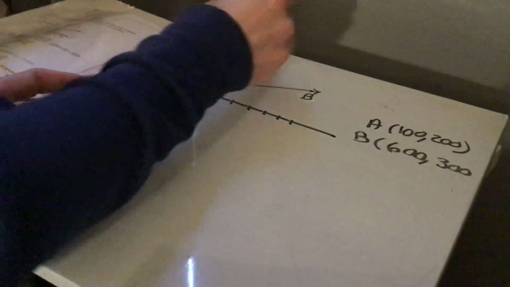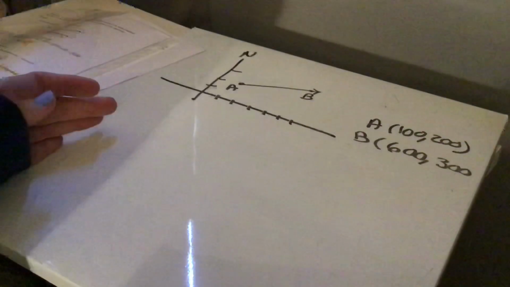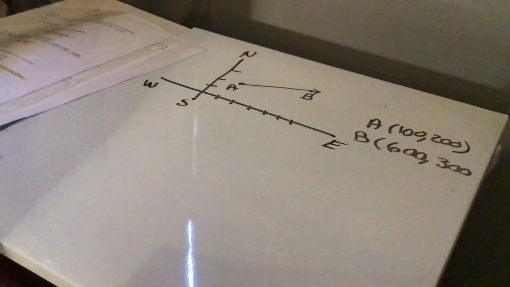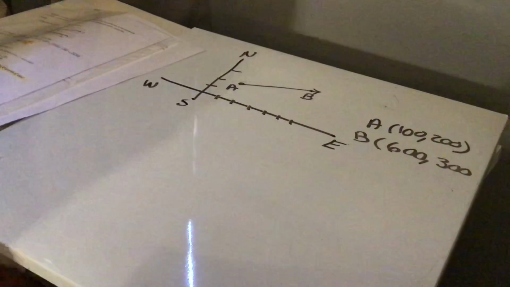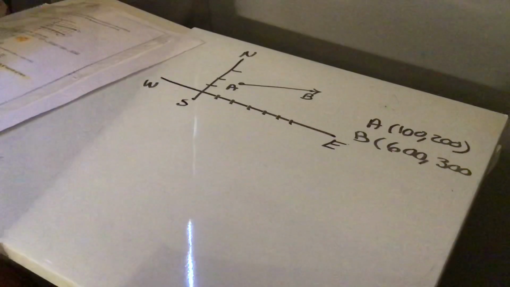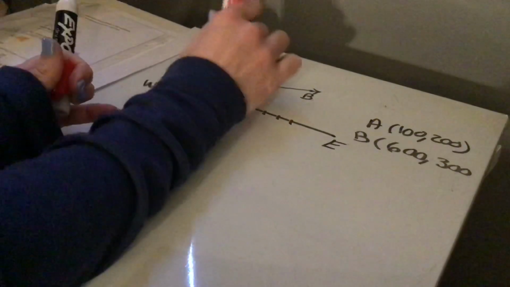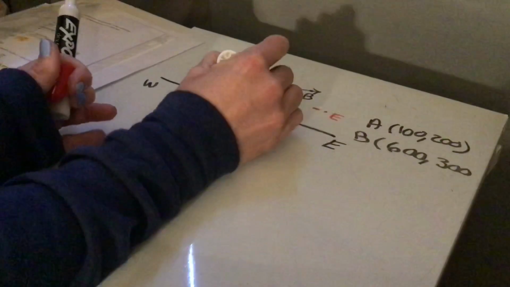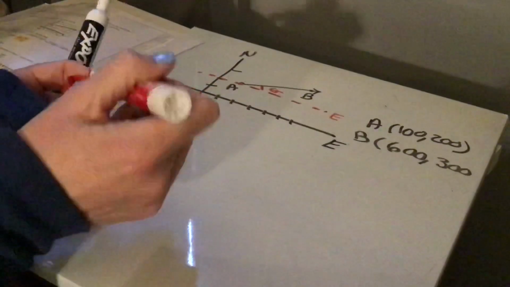Again, the vertical is north and south, and the horizontal is east and west, just like a compass. So when you're looking at the direction, it's like you're taking your axes and shifting them up here. So now this is directly east, and we're going to find this angle.